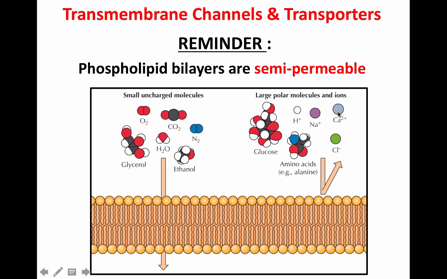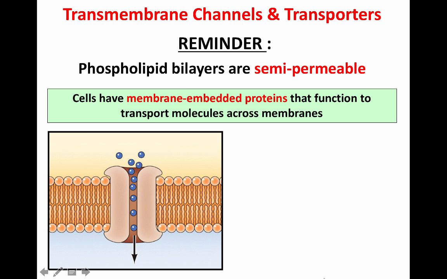But nevertheless, the cell is critically dependent on getting many of these molecules from outside to inside of them. And so the question is, how do they then manage to get these molecules across their membranes?